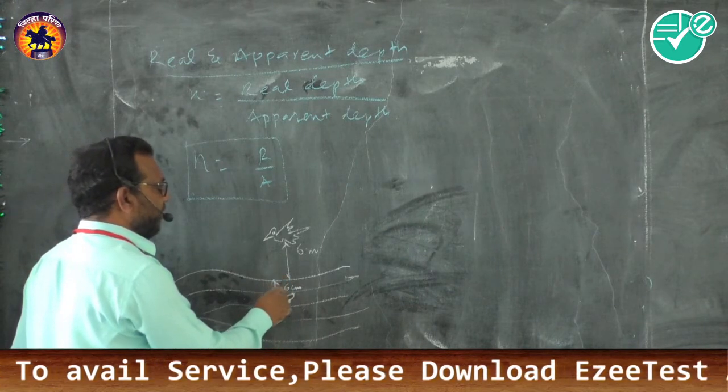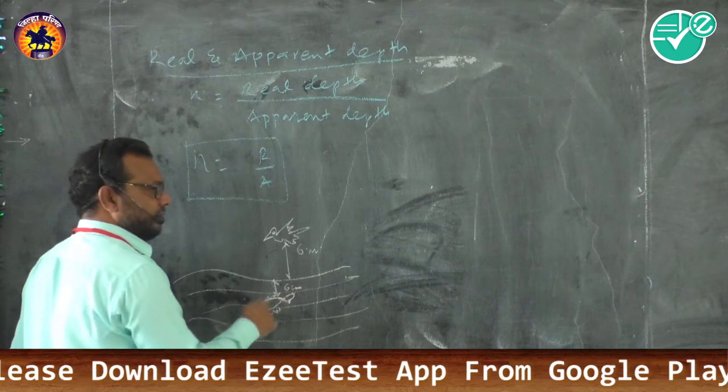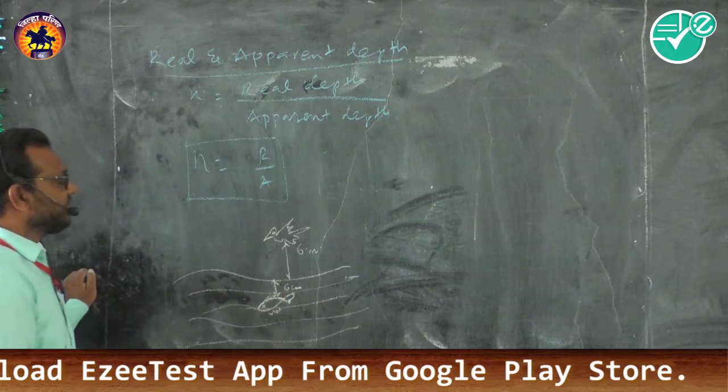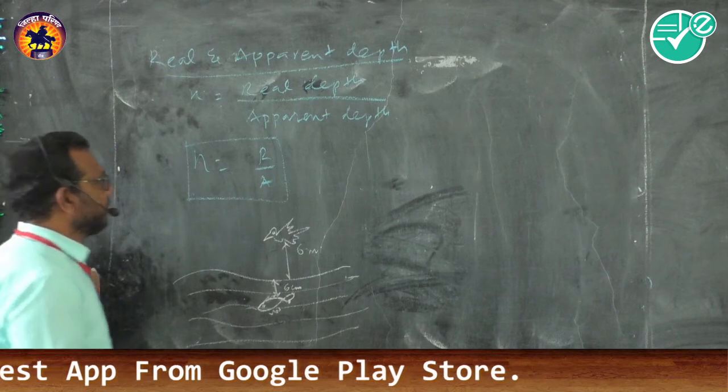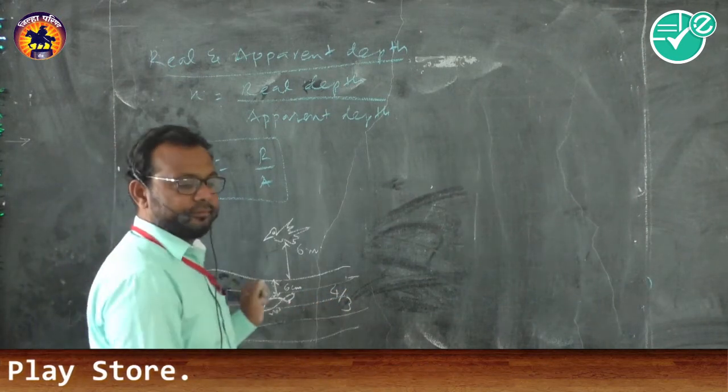So we have to first calculate the real depth of this fish inside the water. The refractive index is given as 4 by 3.